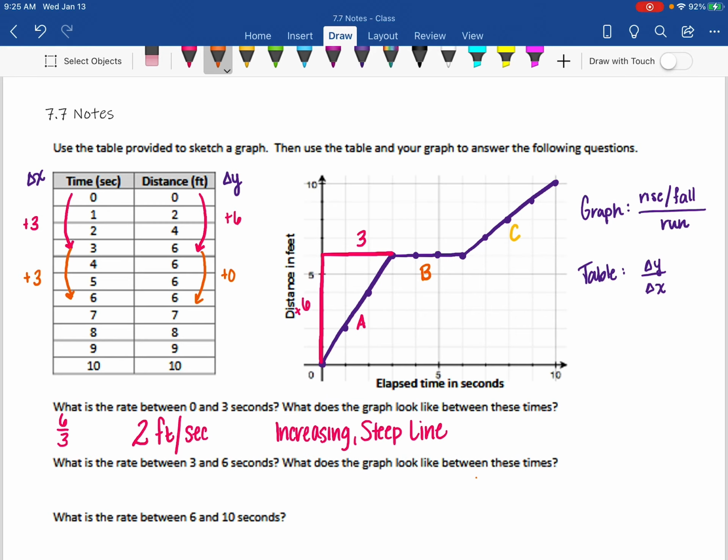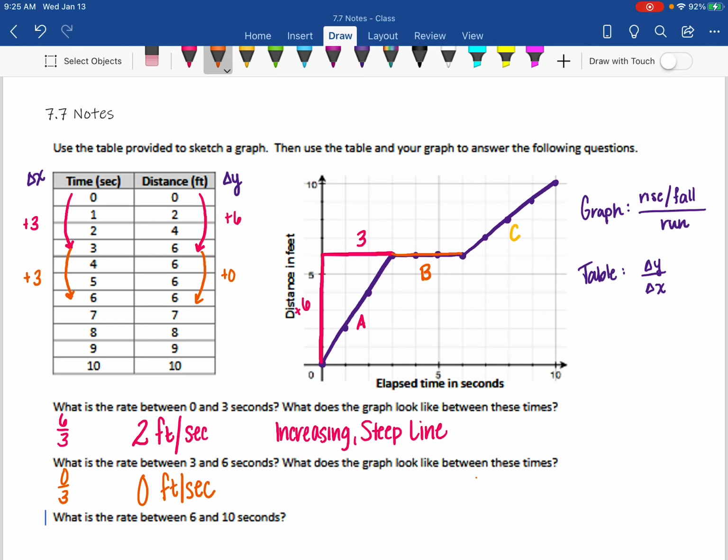Kind of hard to draw a slope triangle when we have a horizontal line. But we can think about it along the lines of, well, you're rising 0 and you're running 3. So 0 over 3, that's the same values that we got out of the table, which gives us 0 feet per second as a rate.